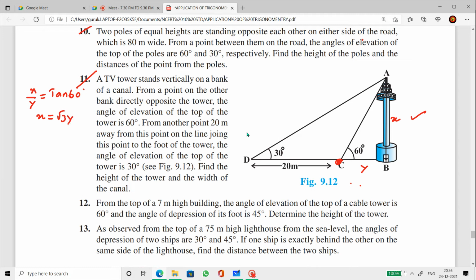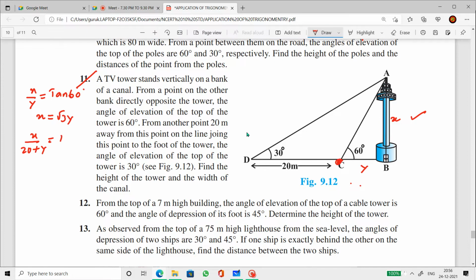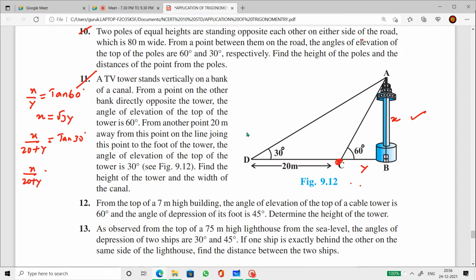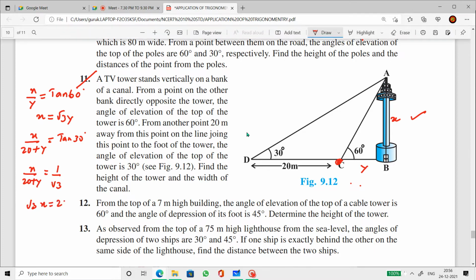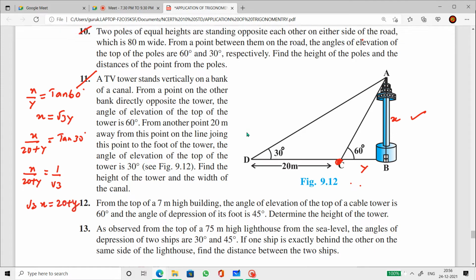Then I'm going to take triangle ABD. So x by 20 plus y equals tan 30. So x by 20 plus y equals 1 by root 3. So therefore, root 3 times x equals 20 plus y. Now, do I need both?